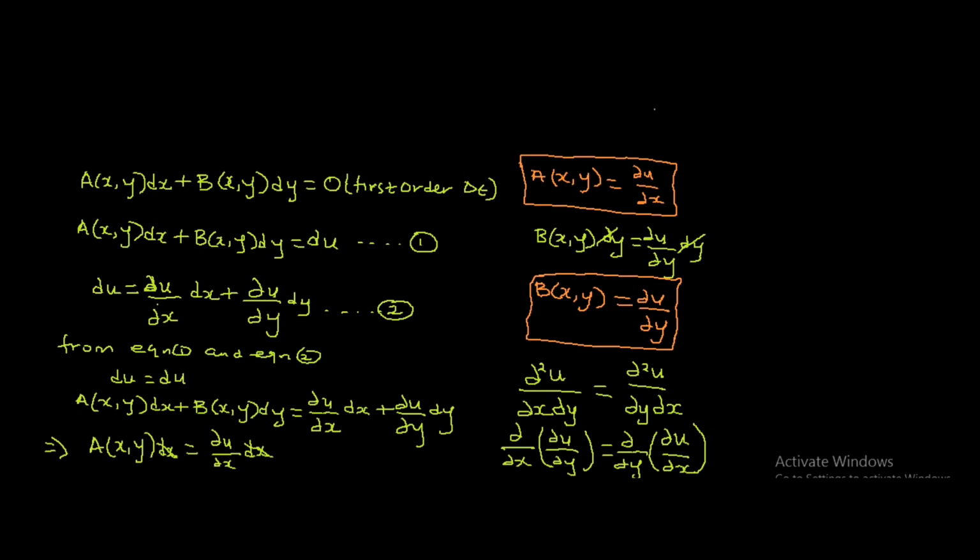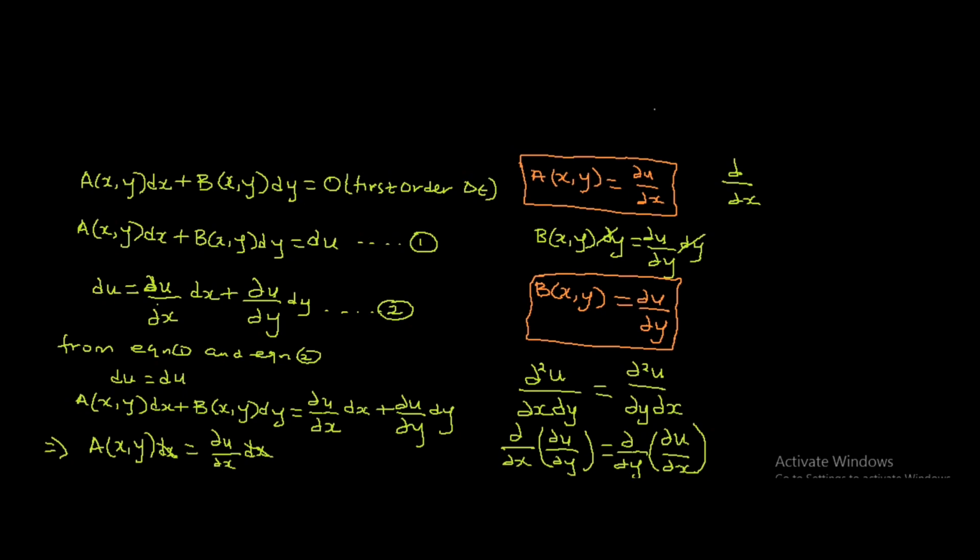Then let's continue. From our earlier solution, we found ∂u/∂y to be B(x, y). So anywhere we see ∂u/∂y, we replace it with B(x, y).